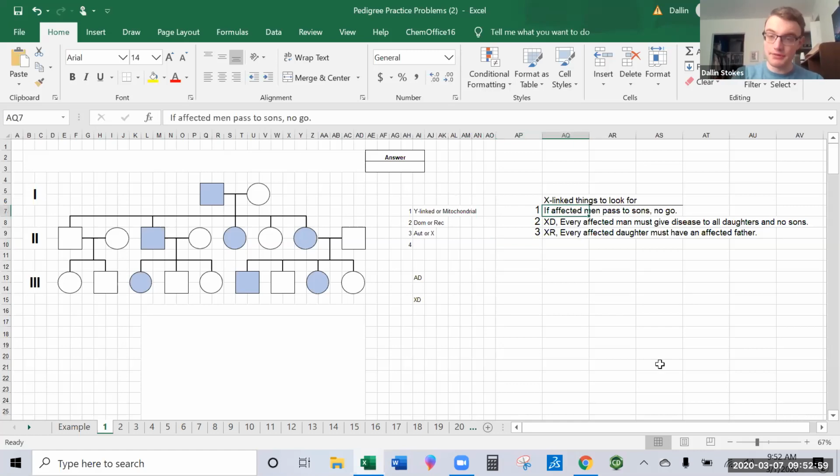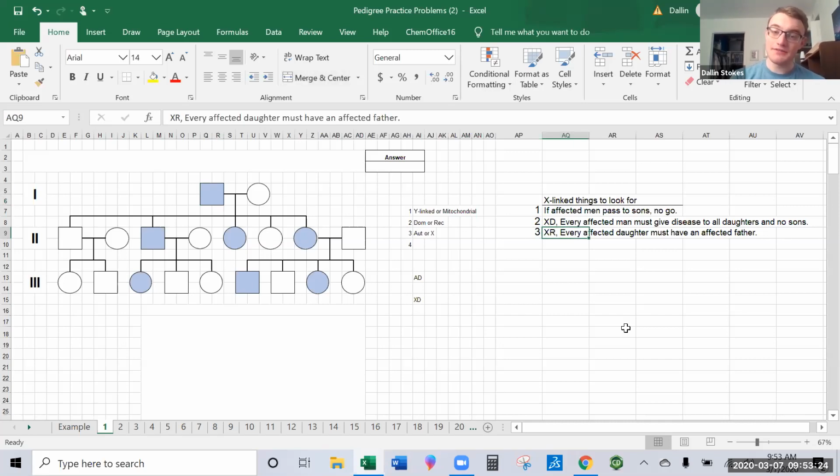Then if we check my other rules here, if the affected men pass it to sons, it's a no-go. I've got an affected man passing it to a son. It's a no-go. If X dominant, every affected man must give the disease to all of his daughters and none of his sons. In this case, I've got an affected man who gave it to 2 of his daughters, but not the third one. So again, it's a no-go.